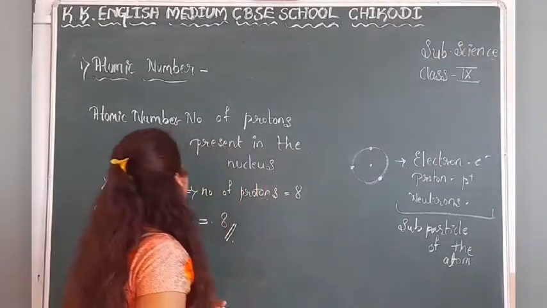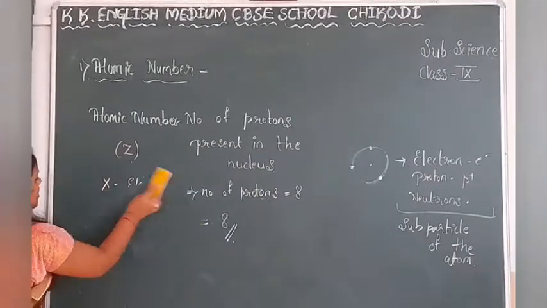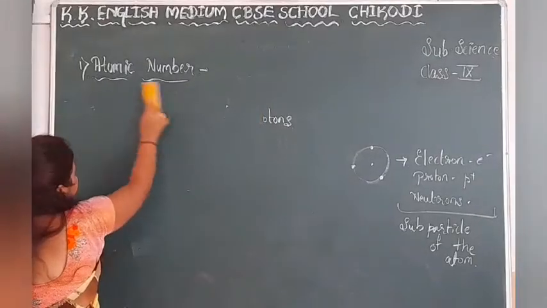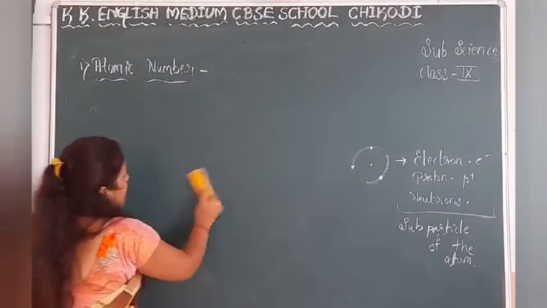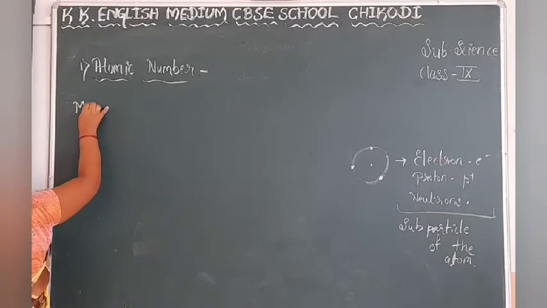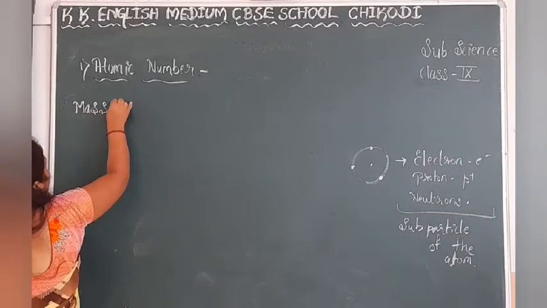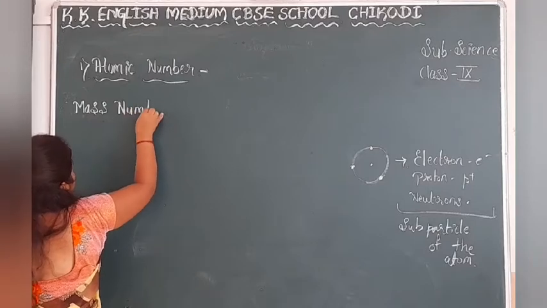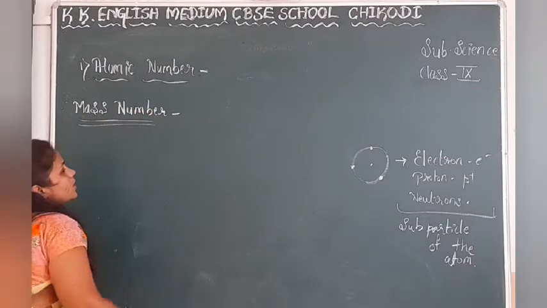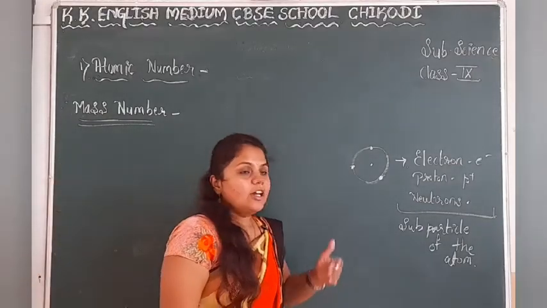So what do you mean by mass number? What do you mean by mass number of any one of the elements? First we are going to discuss the definition of mass number. So how are you going to calculate the mass number?